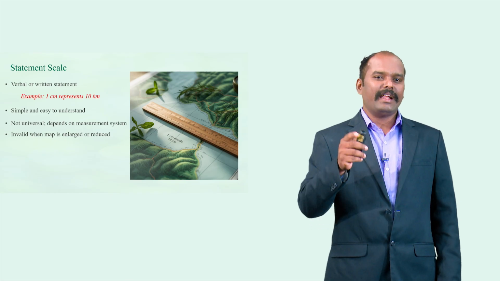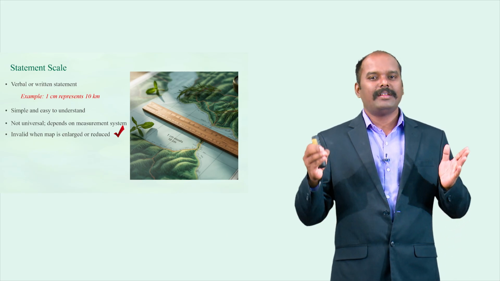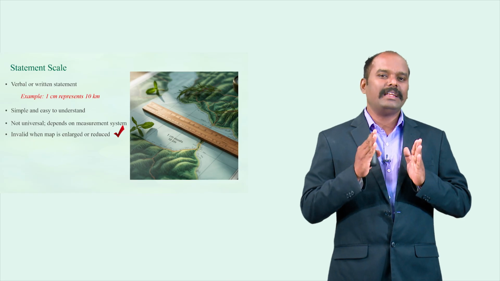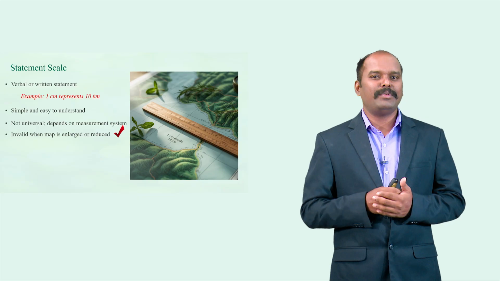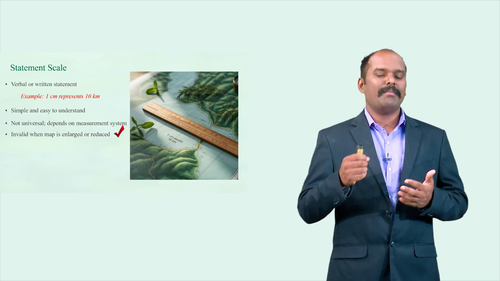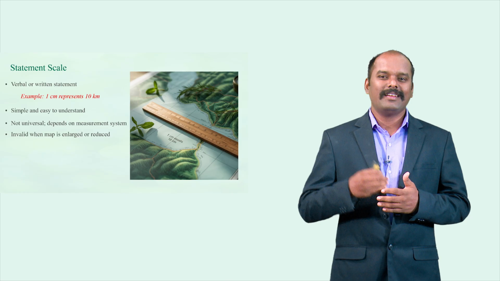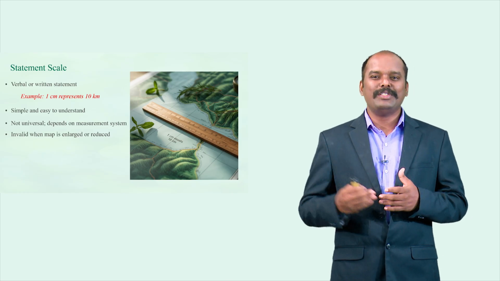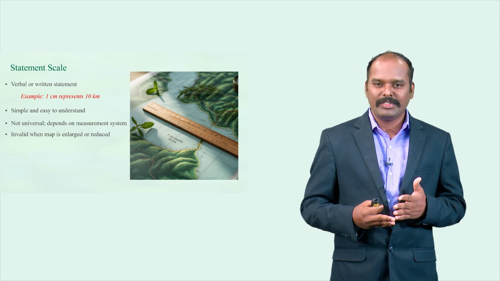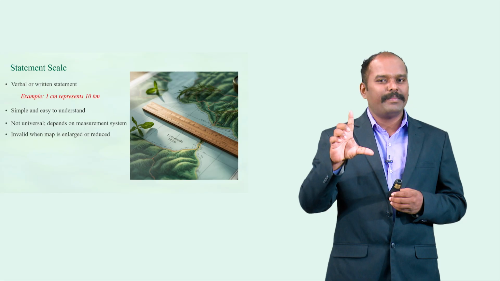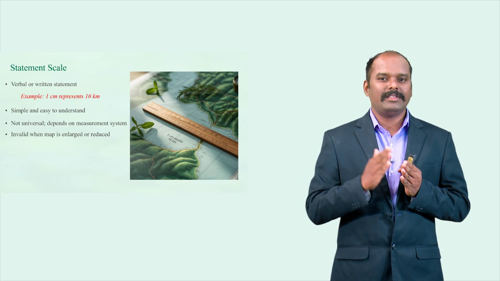Okay. Another drawback is that if we enlarge the map or reduce the size of the map, it will become invalid. For example, nowadays we usually do not draw maps by hand. Manual map making has become outdated. Now we are preparing maps digitally. So, using QGIS or ArcGIS, whatever map making software you are using, you can zoom in on a particular place, or you can zoom out.